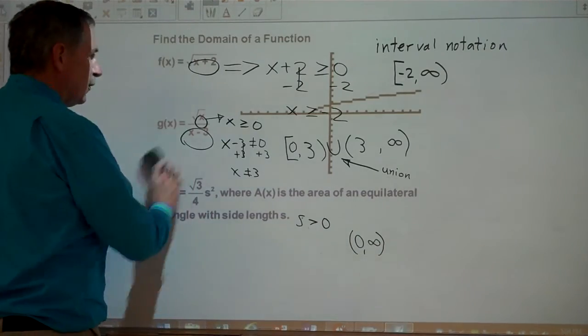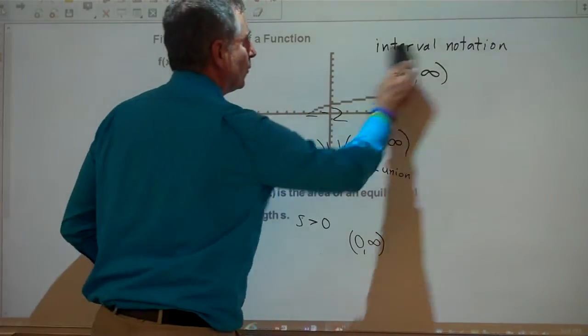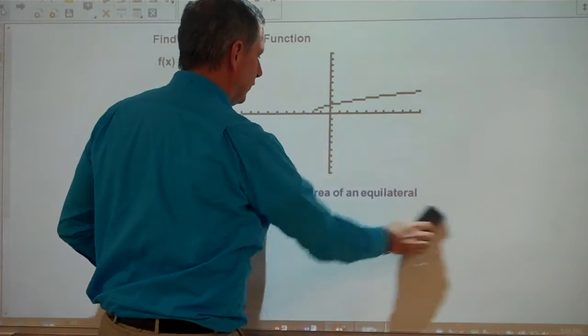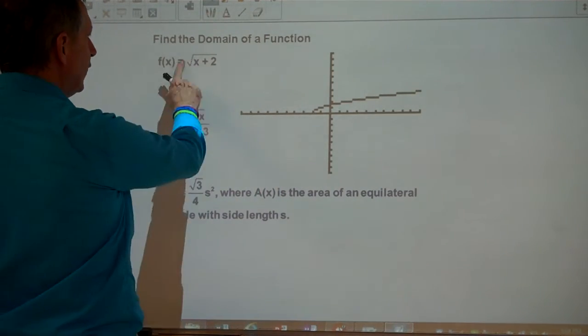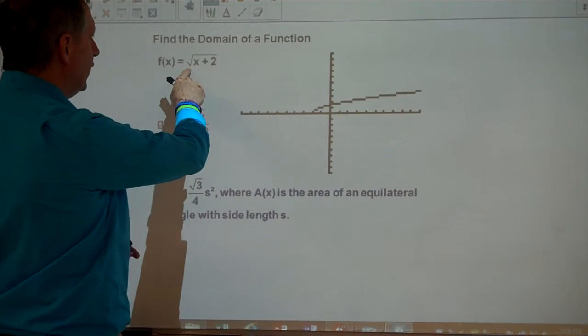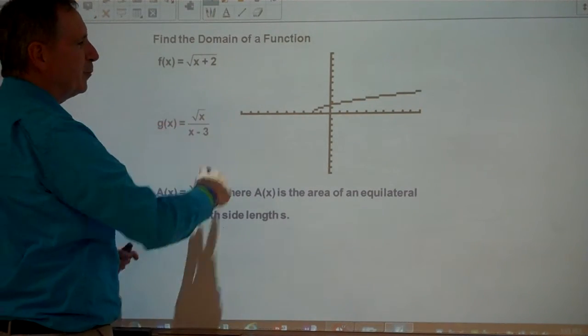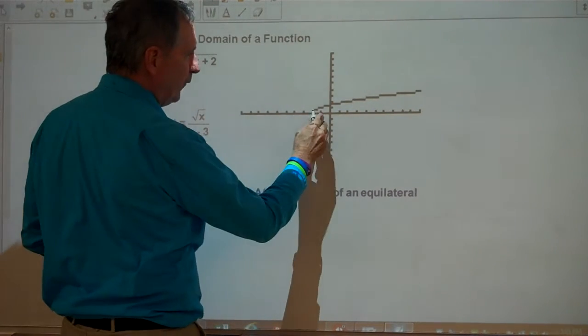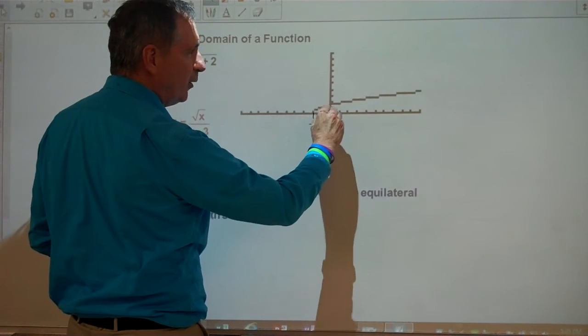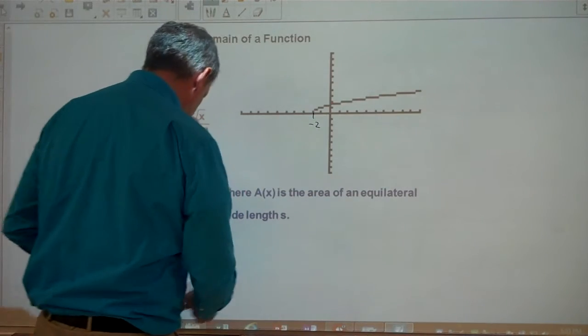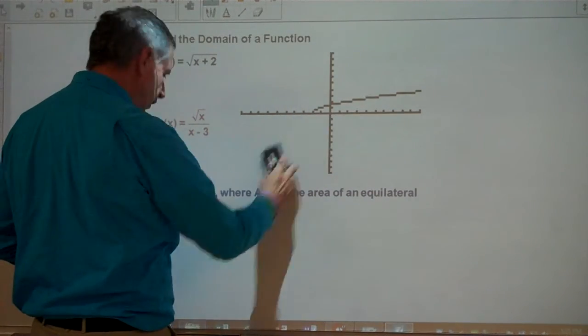Next, graphically, what we've done here is have the graphs for these functions, and the first one is the graphical representation of f of x equals square root of 2x plus 2. So here we can see at -2 is where the function really starts to exist and goes up toward infinity.